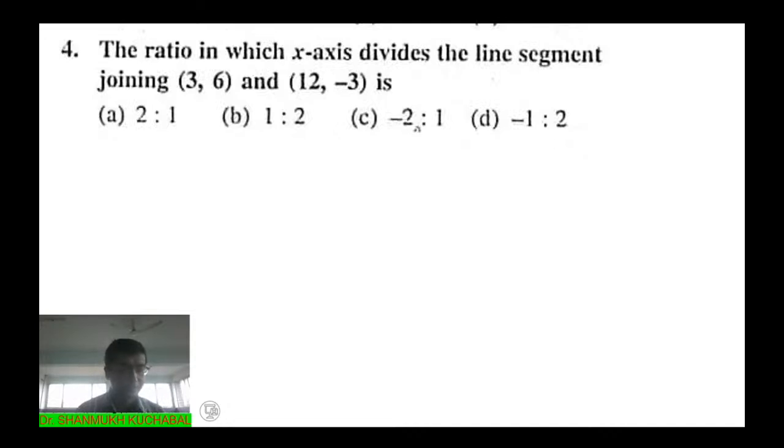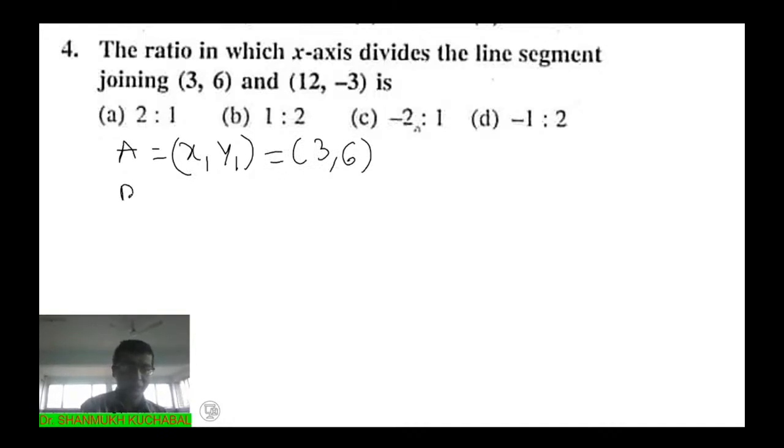Example number 4. The ratio in which the x-axis divides the line segment joining (3, 6) and (12, -3) is. We'll write A, the first point x1, y1, is (3, 6). Next, the point B, x2, y2 is (12, -3).